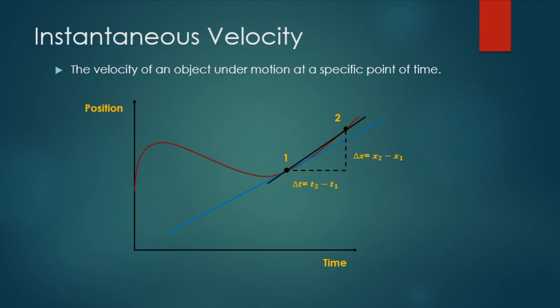In calculus terms, the average velocity is the change of x over the change of time. To get the instantaneous velocity, we take the limit as the time approaches 0. That is the instantaneous velocity.